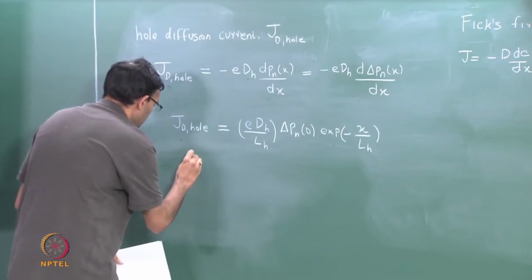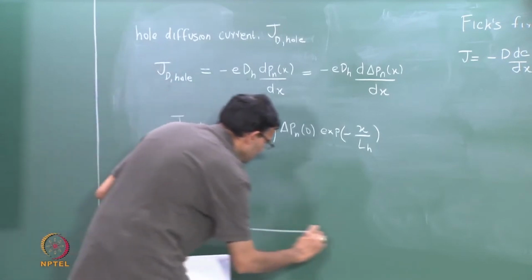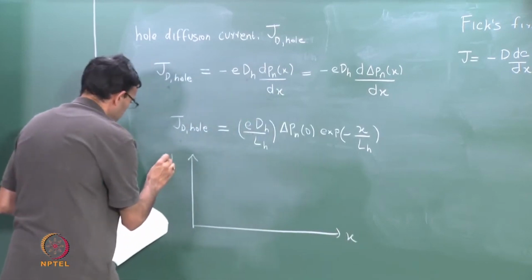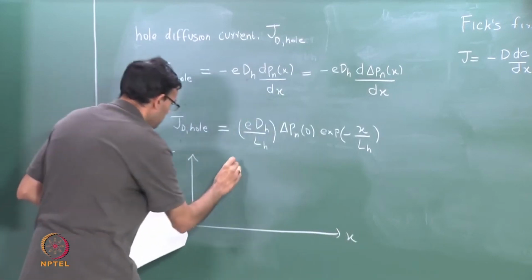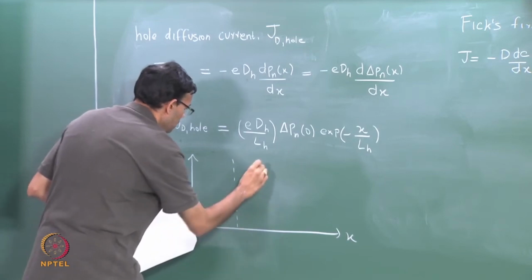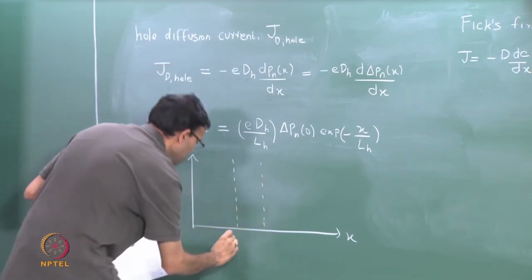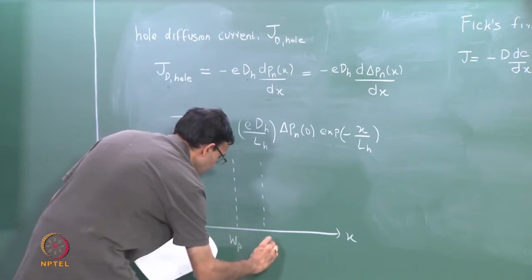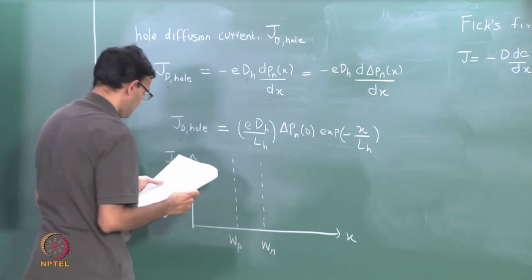So, if I were to plot that, it's my distance x, that is the total current. Let me just mark my two depletion regions, so Wp, Wn.